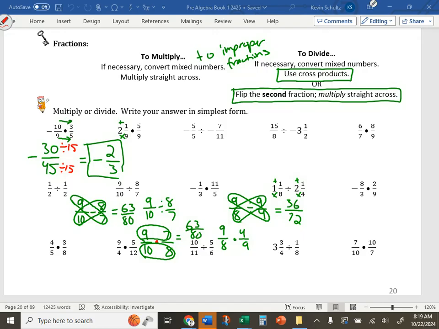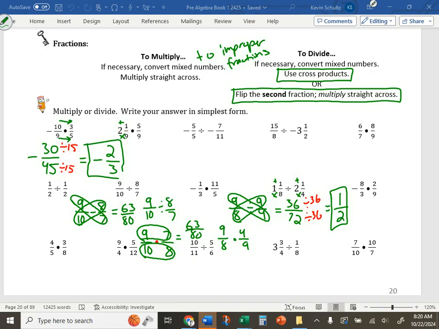Biggest one. 3, bigger than that. 12, bigger than that. 36. 36 is the biggest one. So we're going to divide by 36, divide by 36 to simplify this, and lo and behold, we get 1 over 2 or 1/2. That's the final answer.